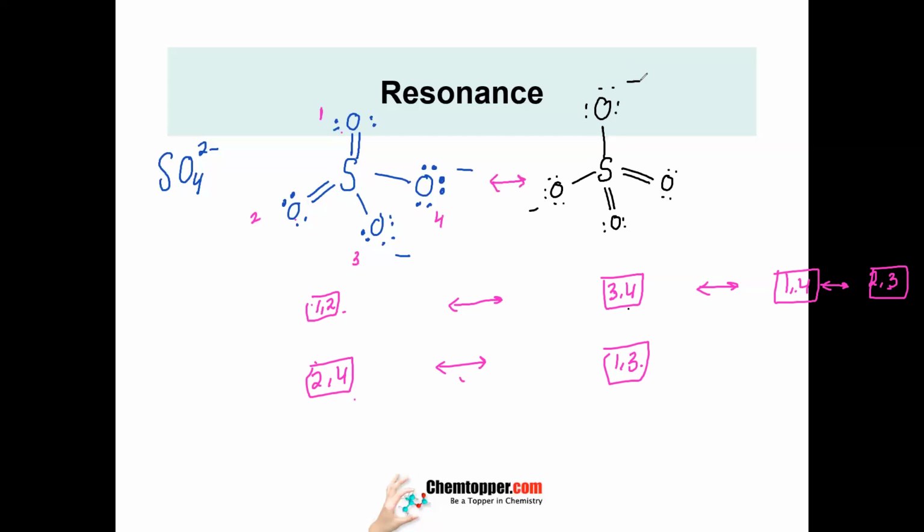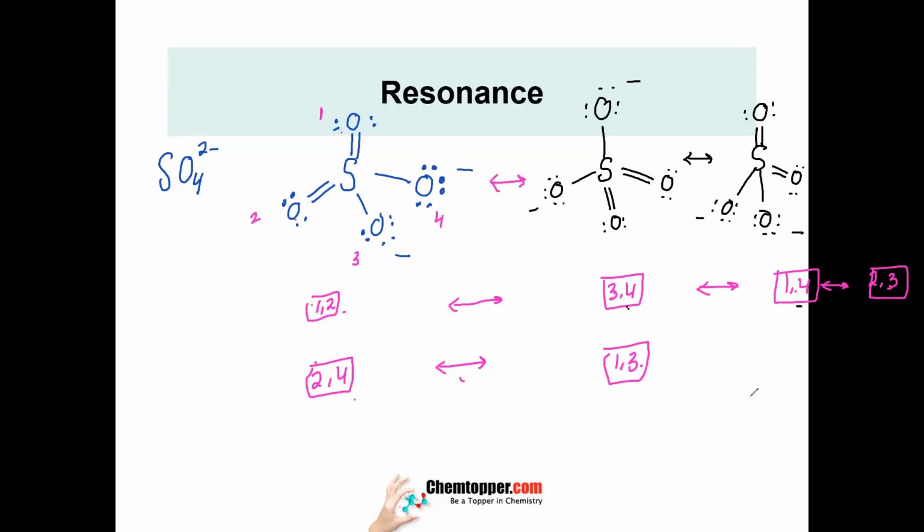Like this. This is 3 and 4. 1 and 4, sulfur, the double bond is between 1 and 4. Like this. And other 2 oxygens are singly bonded, holding the negative charge, and so on. So this can be a question, draw the resonating structures.